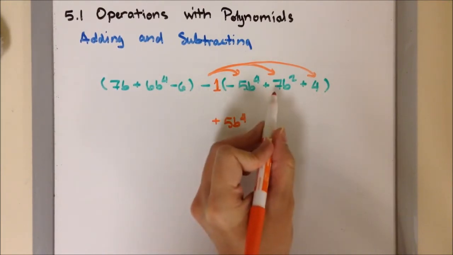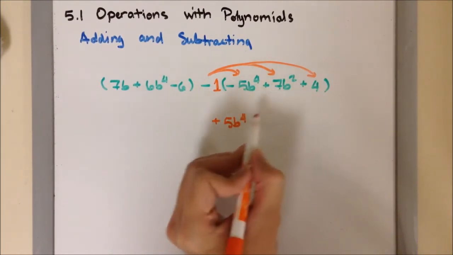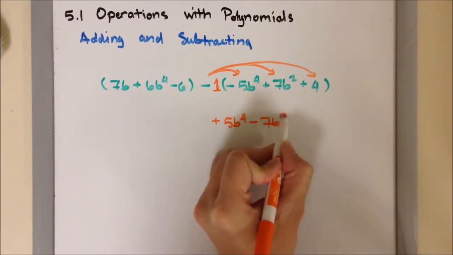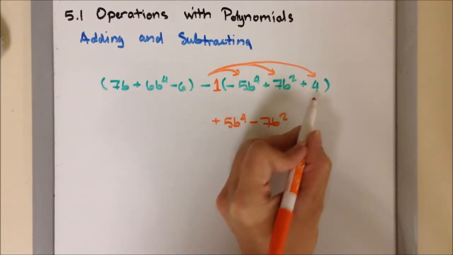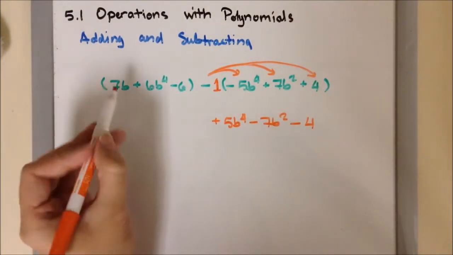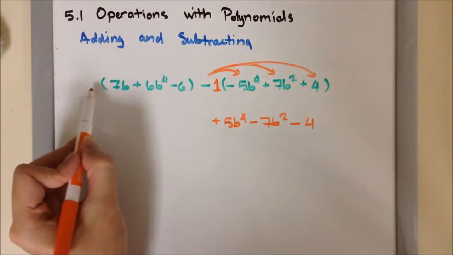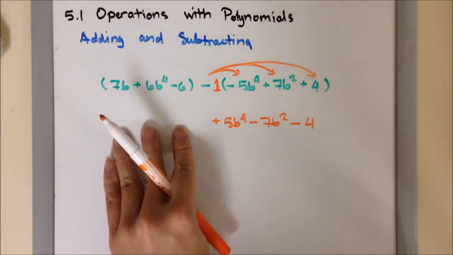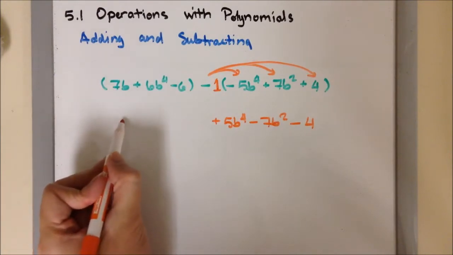Negative 1 times positive 7b squared will be negative 7b squared. Negative 1 times positive 4 will be negative 4. Alright, I don't have anything in front of this parenthesis besides that invisible 1, so I'm just going to bring the inside down, let go of the parenthesis.